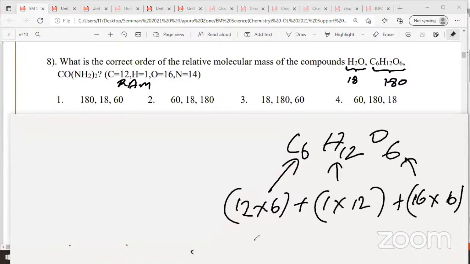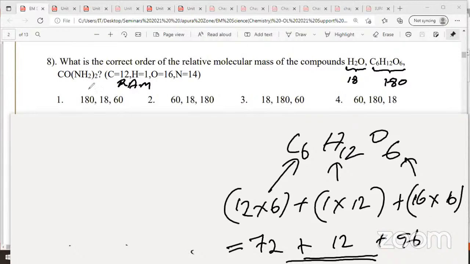So 12 times 6 is 72, 1 times 12 is 12, and 16 times 6 is 96. If you add all these, 96 plus 12 plus 72, you get the total 180.